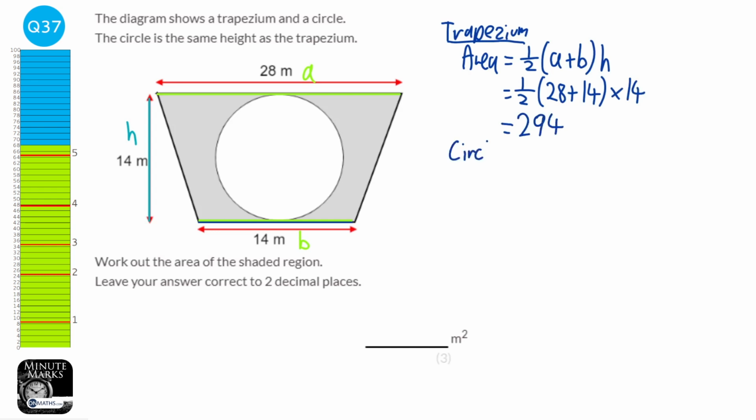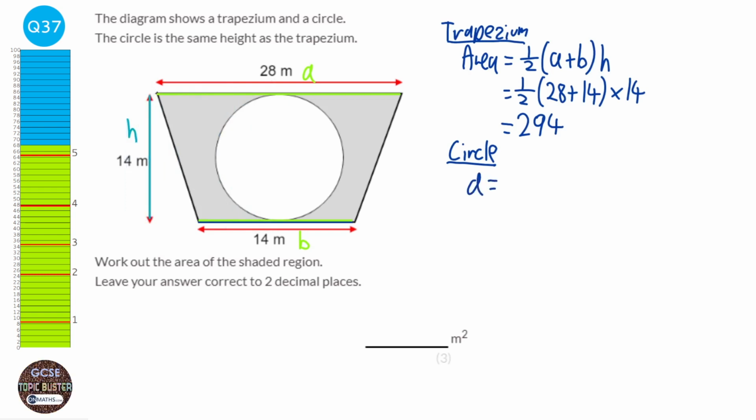Next we'll do the circle. Now it doesn't look like we've got anything for the circle, but actually the height here is actually the height of the circle as well. So the height of the circle is the same as the diameter.